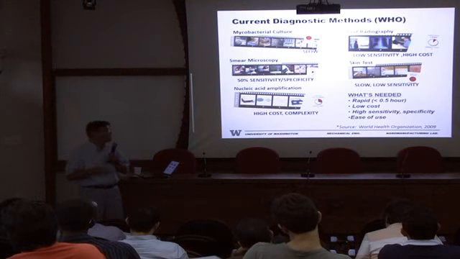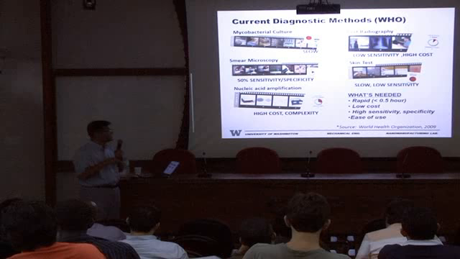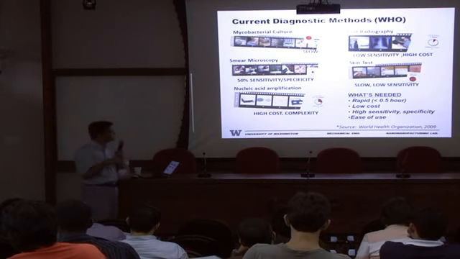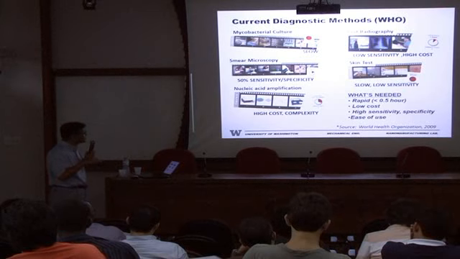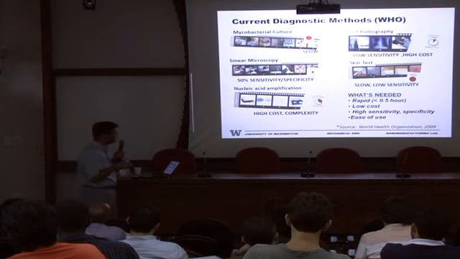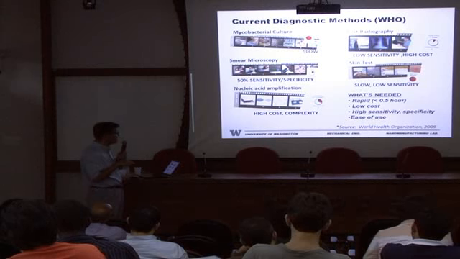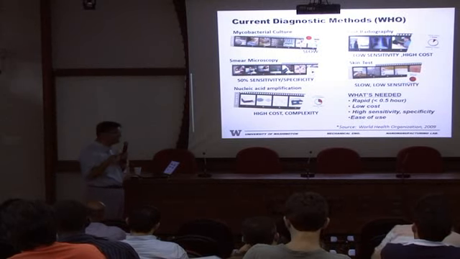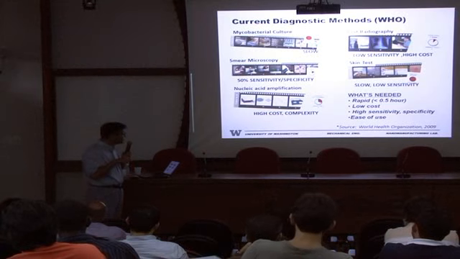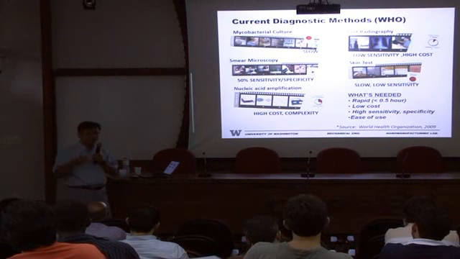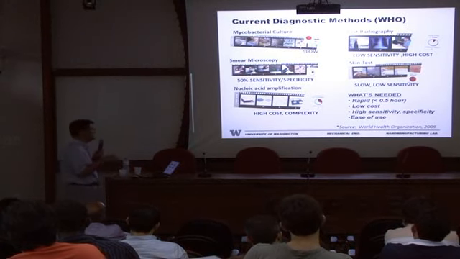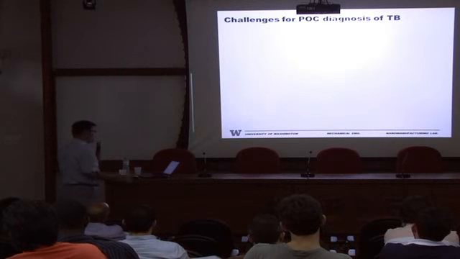That's better than spending dollars for diagnosis. So low cost means we want to make it within $2 or $3, and sensitivity, specificity should be high. So we want to make it low cost, but we do not want to compromise the performance. So that's the challenge that we have.